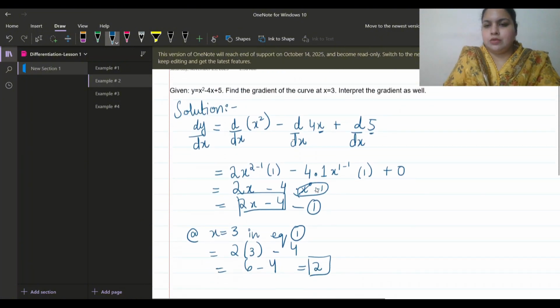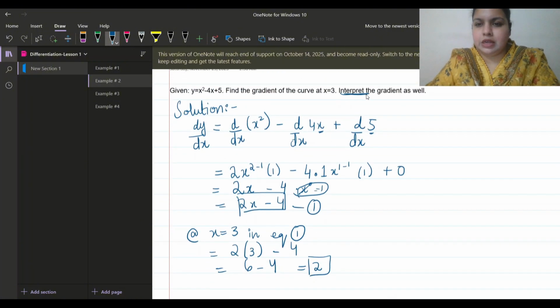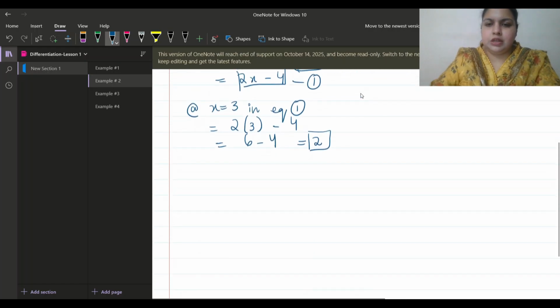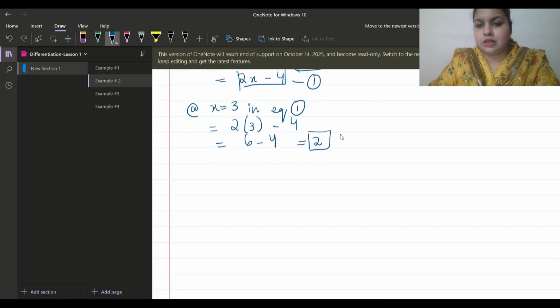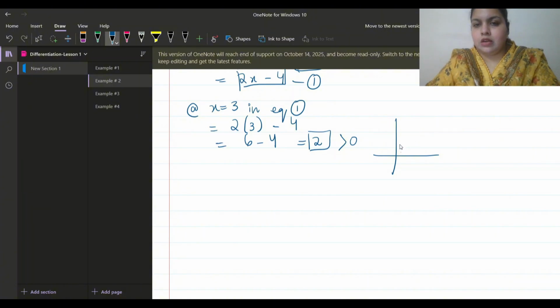They also asked to interpret the gradient as well. Now for interpretation, I told you, since the value is greater than 0, the graph will be increasing.